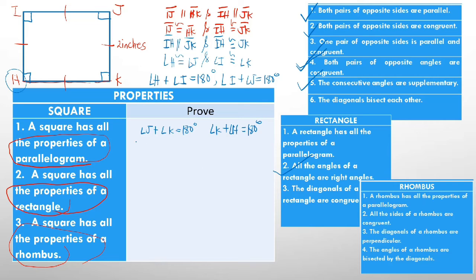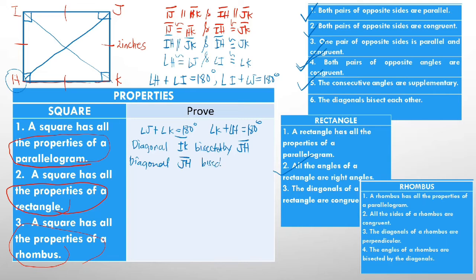Diagonal IK is bisected by line JH, and diagonal JH is bisected by line IK.